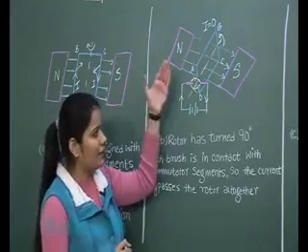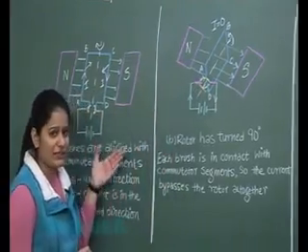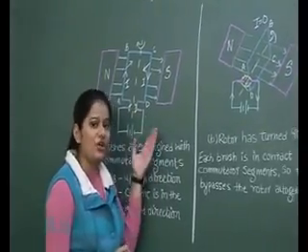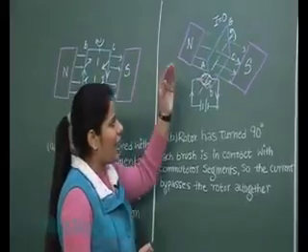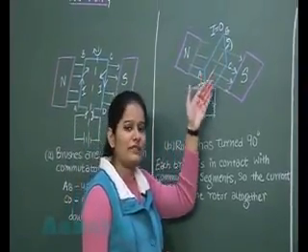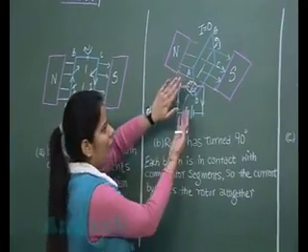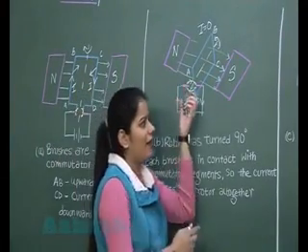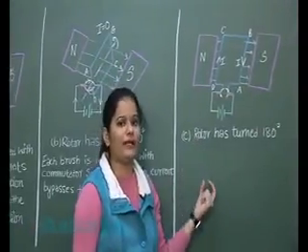So here also, as in the previous case, force acted on the rotor, due to which it started rotating. Now after half rotation, though no force is acting on the armature, still due to inertia of motion, it will continue to rotate. And now in figure C, the rotor has turned 180 degrees.